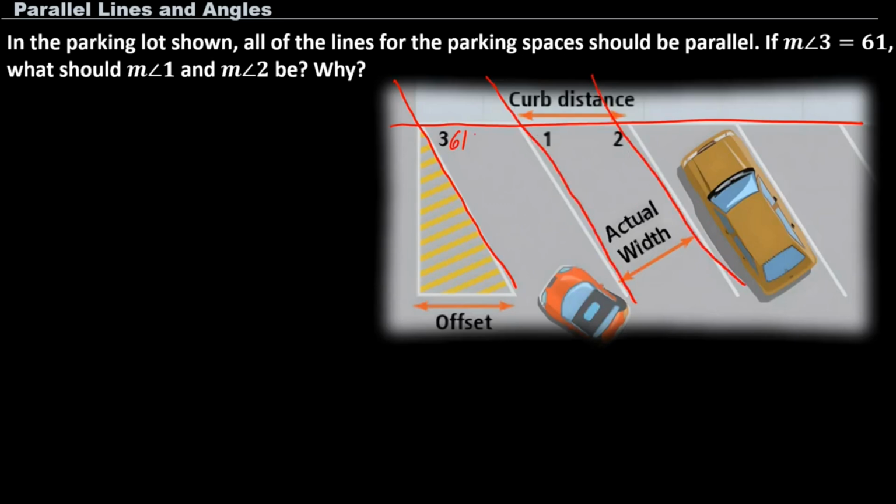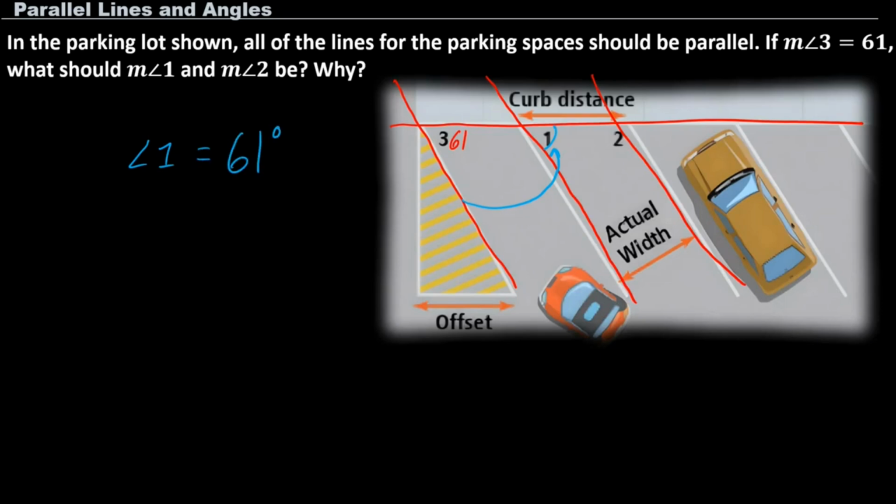So if this angle is 61, because we're dealing with parallel lines, that means angle 1 is related to it. These two angles are corresponding to each other. So that means that angle 1 must also equal 61 degrees.